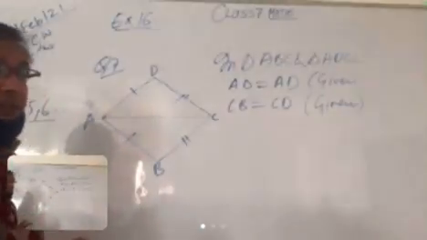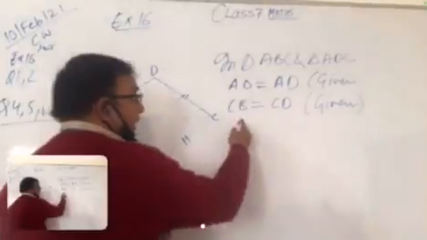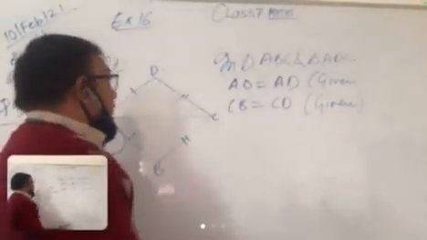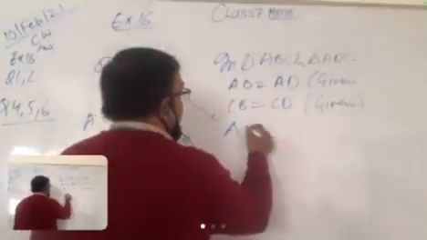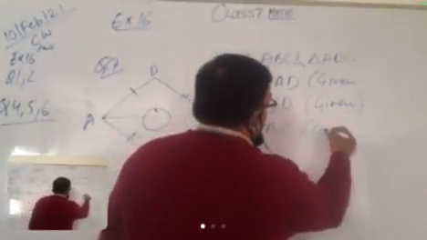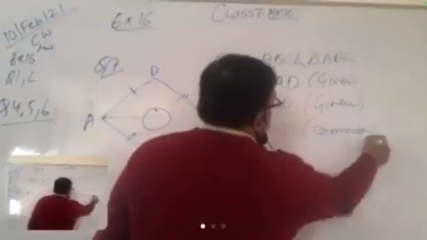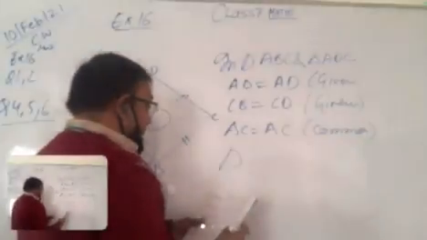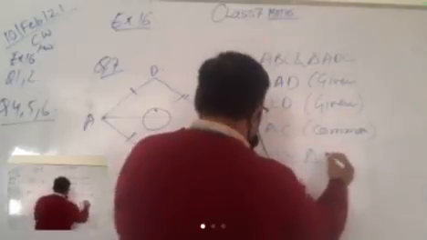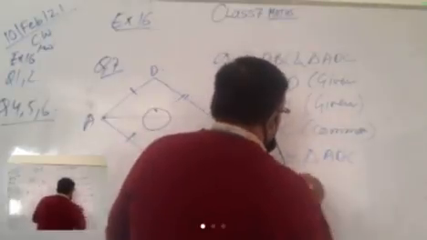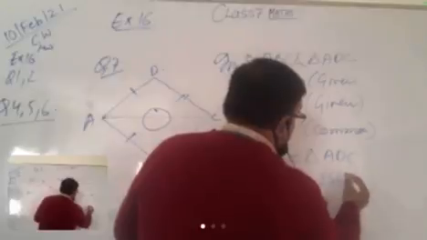Is this understood? So I asked what the third thing is; you should clearly see that this side is common here. So we can write here AC is equal to AC, it is common. And then we say that triangle ABC is congruent to triangle ADC by SSS.